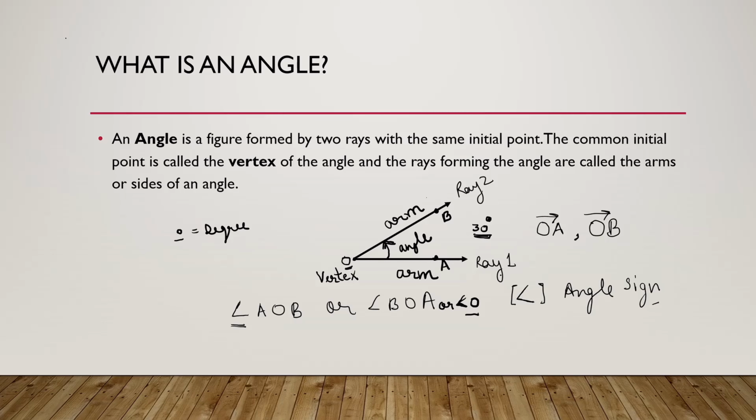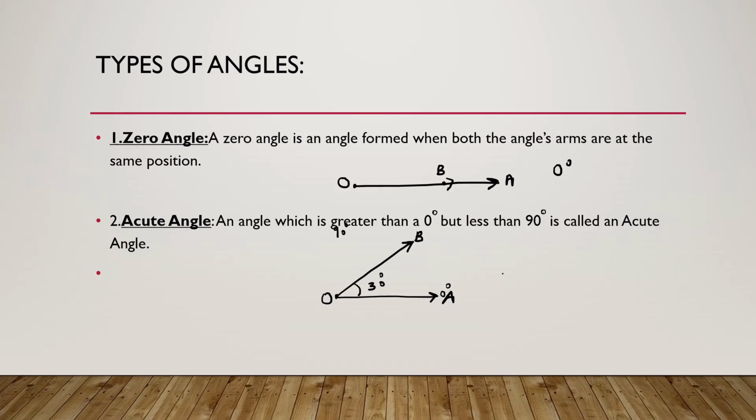Now I am going to discuss the types of angles. So first one is zero angle. When two rays are not forming any angle, that is called the zero angle. A zero angle is formed when both the angle's arms are at the same position. They are overlapping, like OA and OB overlapping each other, not forming any angle.